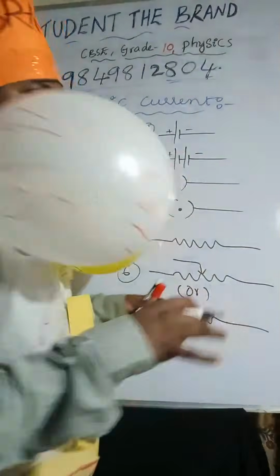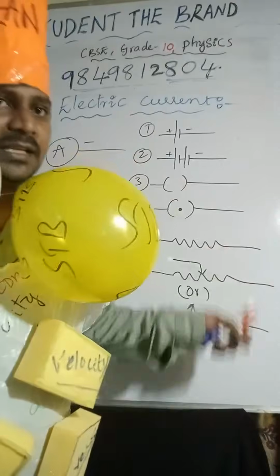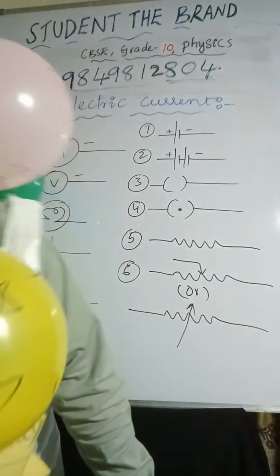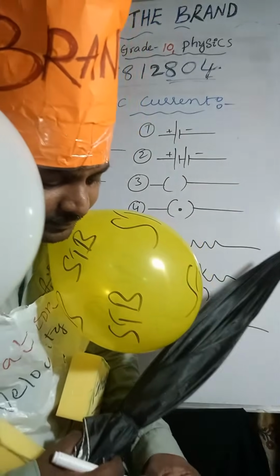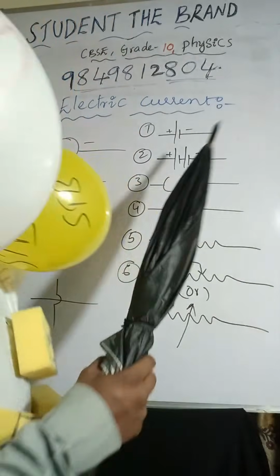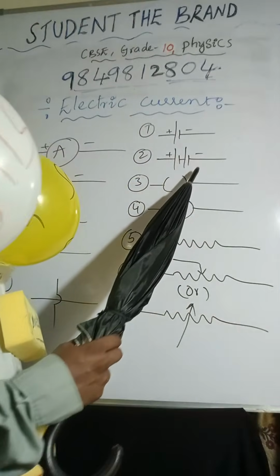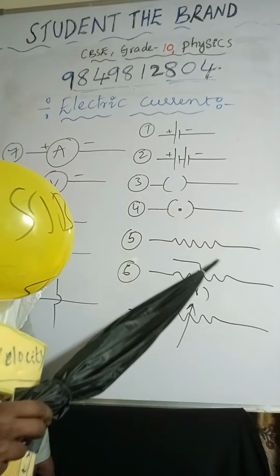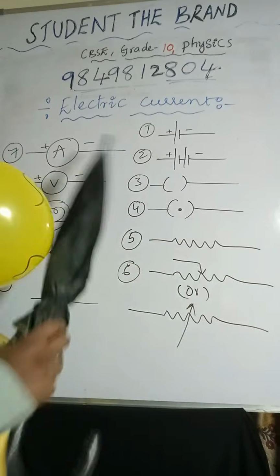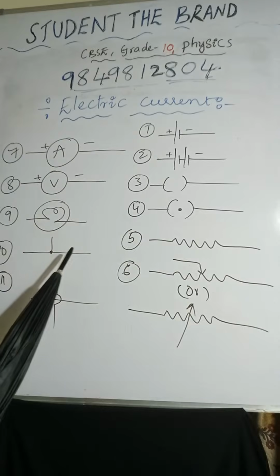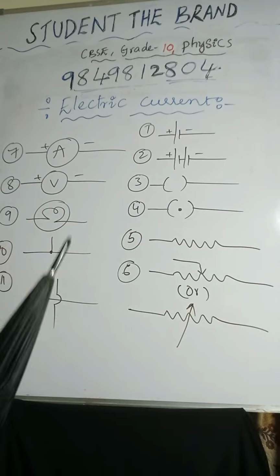So these are the electrical appliances. Once again: cell, battery, open switch, closed switch, resistor, rheostat, ammeter, voltmeter, bulb, wire joining, wire crossing.